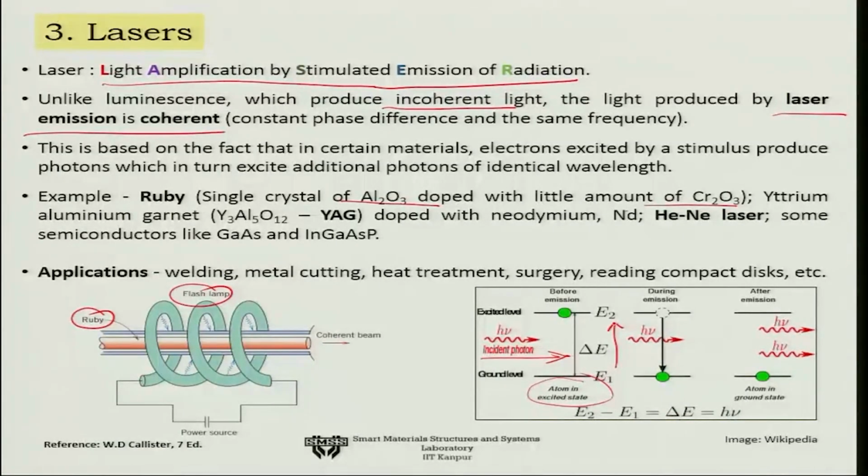After that, they start to excite more of these electrons in the system, this gets multiplied, and that becomes a source of coherent light emission. So this kind of system generates a coherent beam, and that coherent beam can be used for the detection of many physical properties of materials.